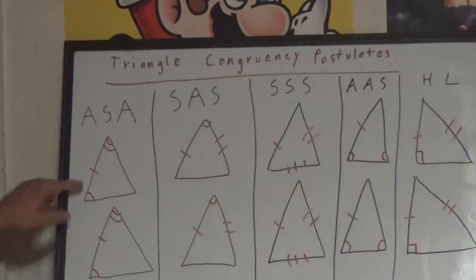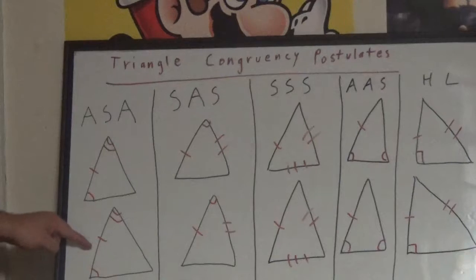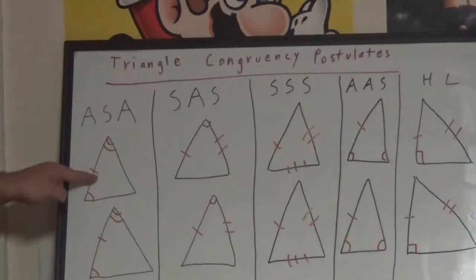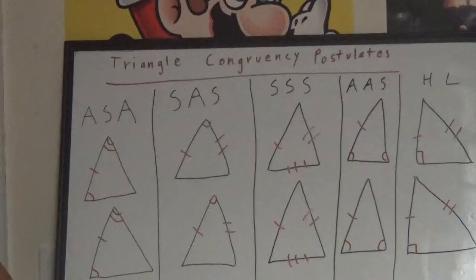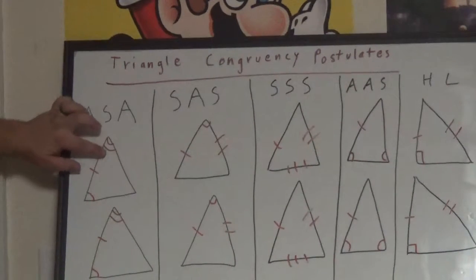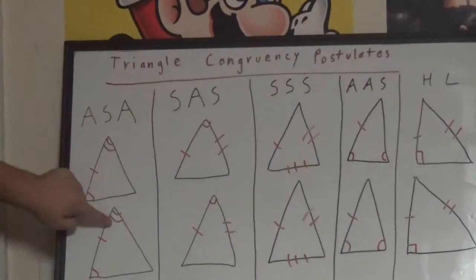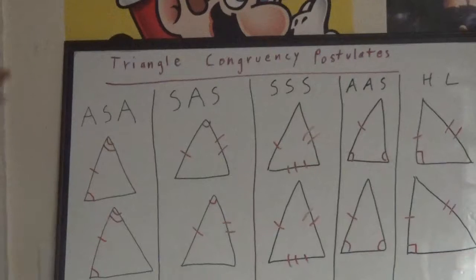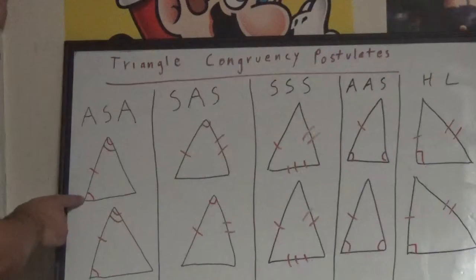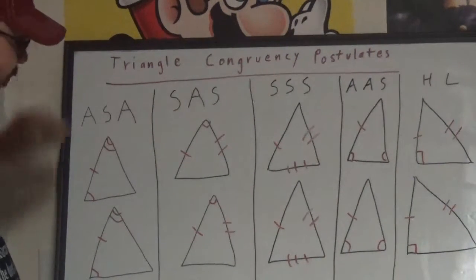The next side is also marked to show congruency. And the next angle is marked, with 2 notches this time, to show congruency. That means it's angle, side, angle, angle, side, angle. The order matters on this.